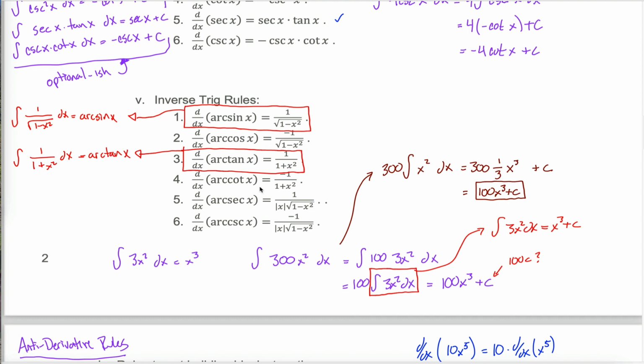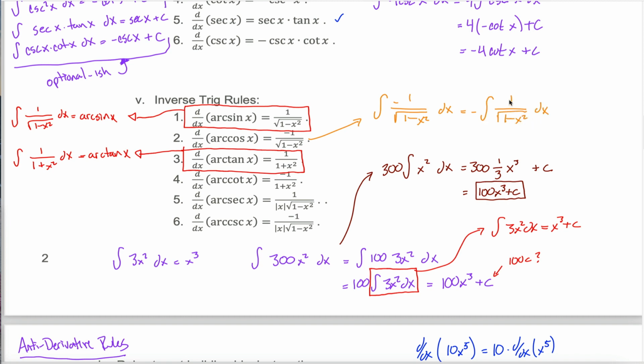And arccosine and arccotangent we don't need, because look at what would happen if somebody asked you to take the antiderivative of -1 over the square root of 1 minus x squared. What you could do is say, well, I can treat that -1 as a coefficient and pull that out in front of my antiderivative symbol and make it the negative of the antiderivative of 1 over the square root of 1 minus x squared.